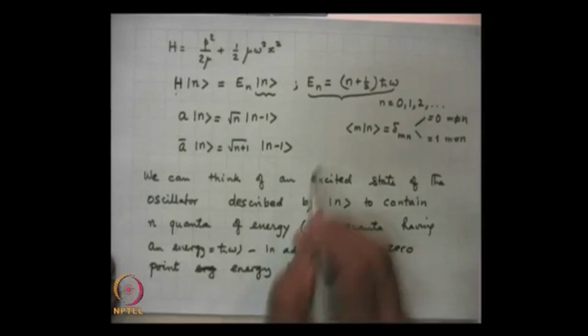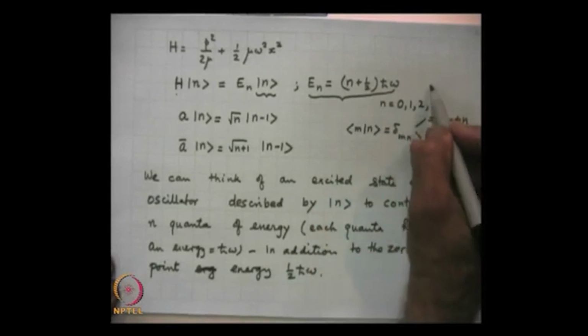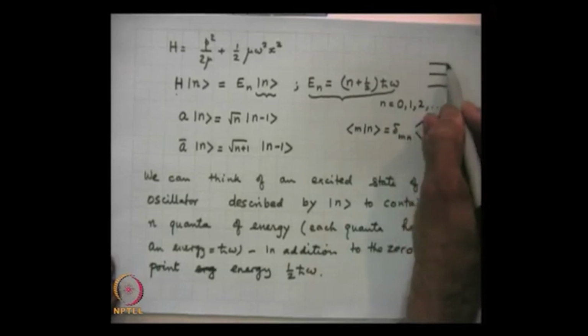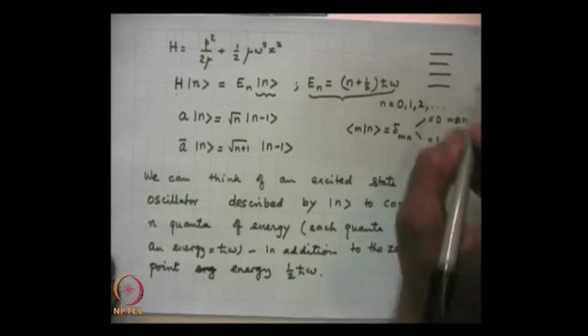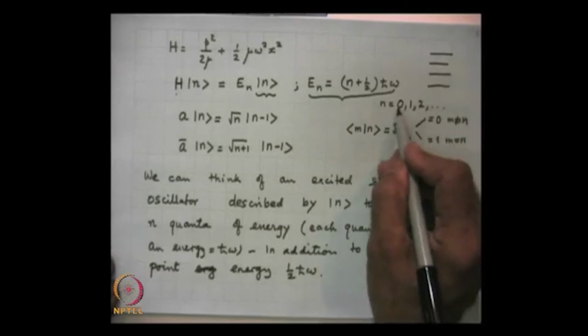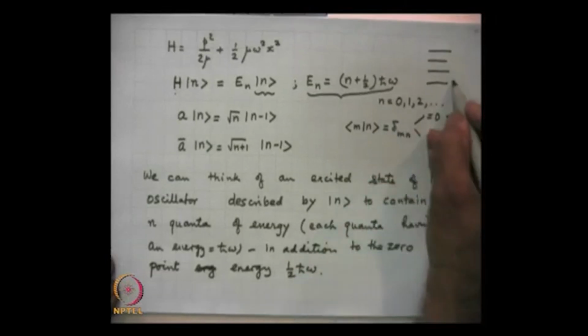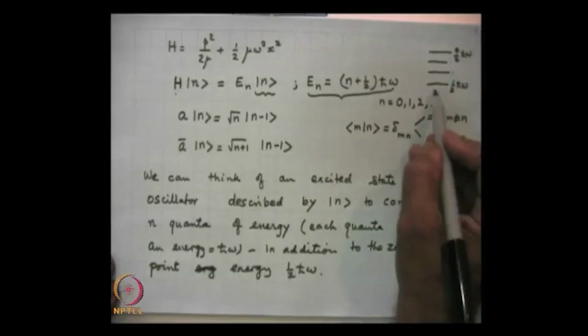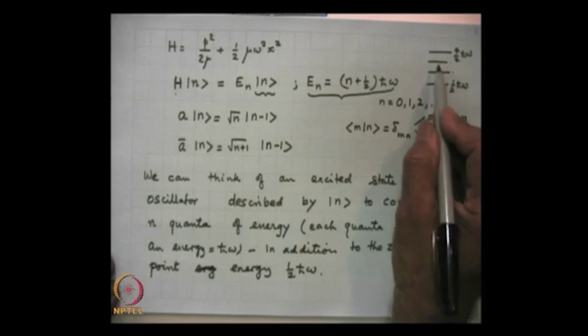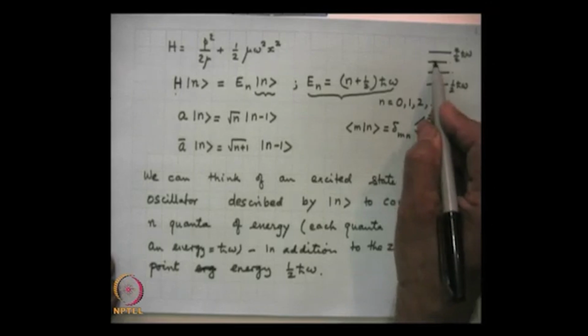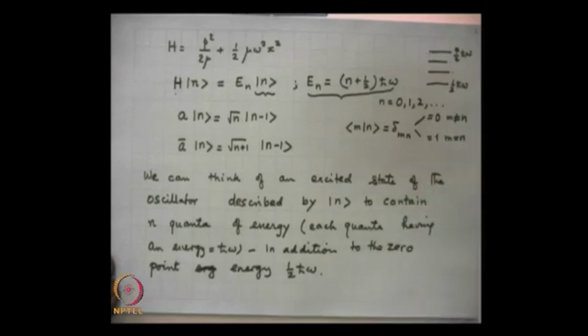You see, each state of this harmonic oscillator, the ground state which corresponds to n equal to 0 or no quanta, has the zero point energy half h cross omega, then 3 by 2 h cross omega, 5 by 2 h cross omega, and then 7 by 2 h cross omega. So, this has 1 quanta of energy h cross omega, this has 2 quanta of energy, 3 quanta of energy.